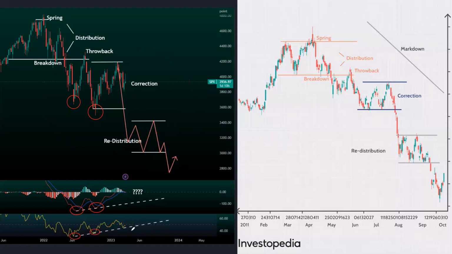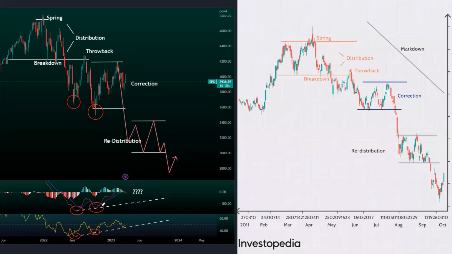Okay. But if we end up breaking this bullish divergence trend line, I really wouldn't be surprised ultimately if we come back down to the 3750 area, maybe even 3600 on SPX. So that's something you want to be aware of. And if you look at your MACD on the weekly chart, it's starting to curl down below this blue line. And remember, we went over the MACD. When it curls down, typically that's an exit signal.